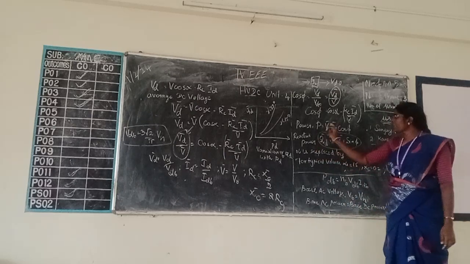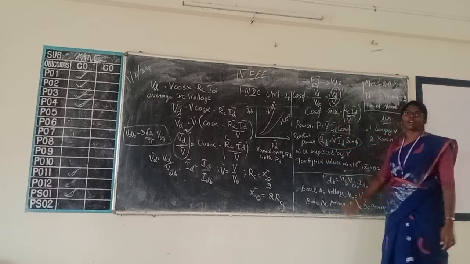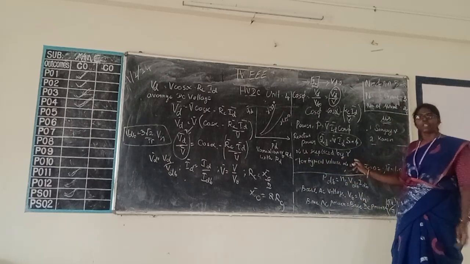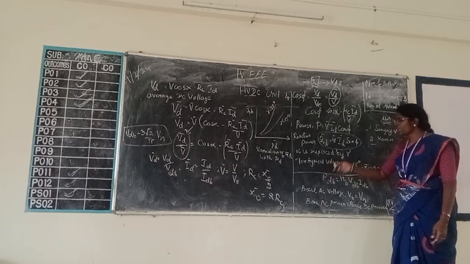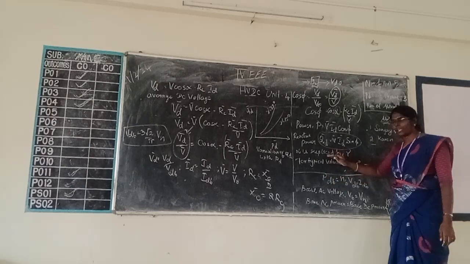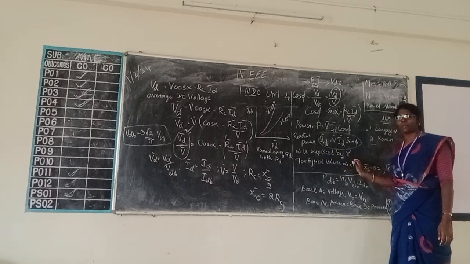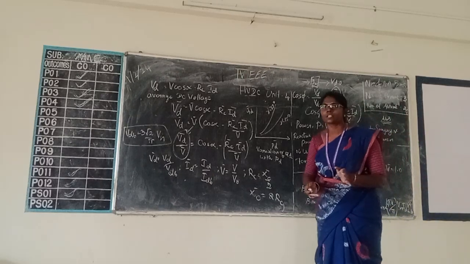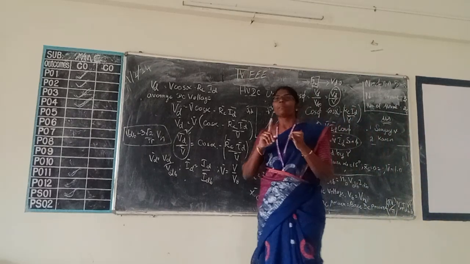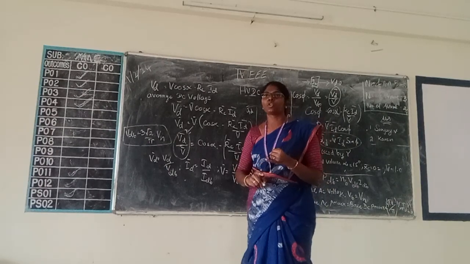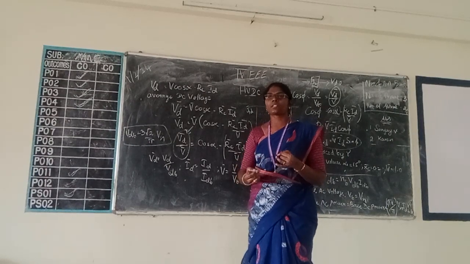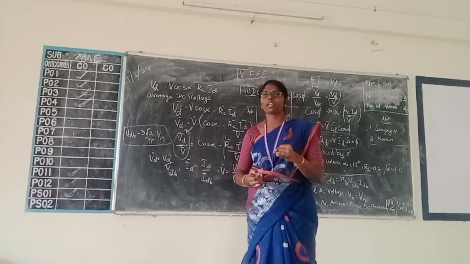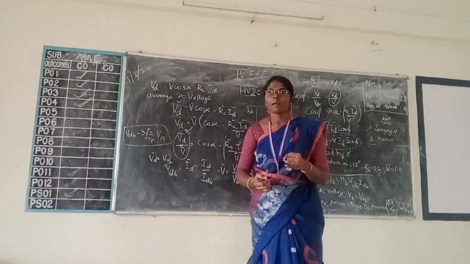Okay, and here I have told you that in cos alpha, that alpha can be replaced by gamma. In the rectifier side, by changing alpha we can attain the operating condition, and in the inverter side, by changing gamma we can attain the operation.